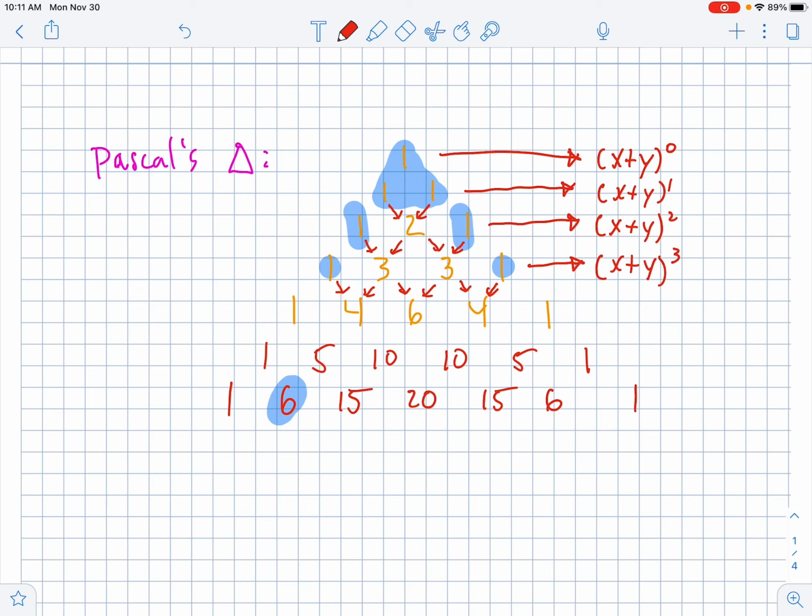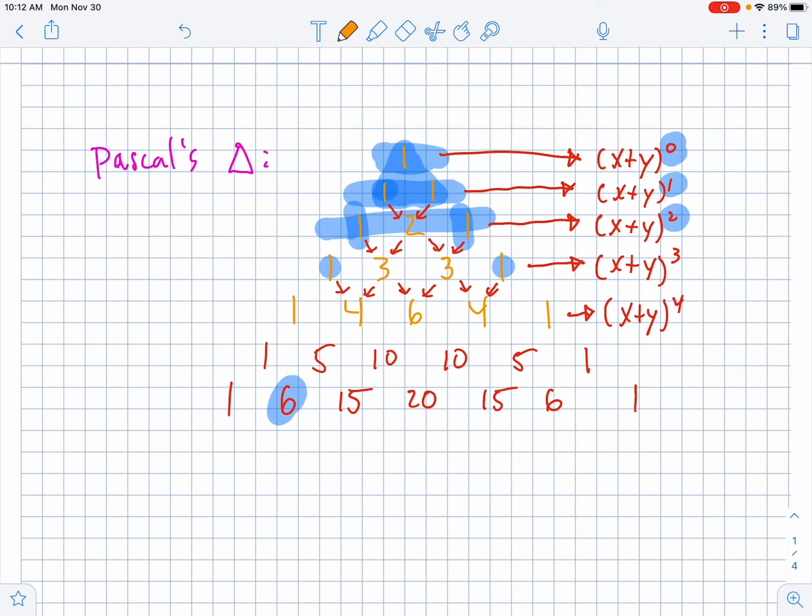This is x plus y cubed. x plus y to the 4th, 5th, 6th. Please notice that every row is always behind one. Like the first row is not x plus y to the 1st, it's x plus y to the 0. And then the second row is x plus y to the 1st, and then the third row is x plus y squared. So it's always behind one.